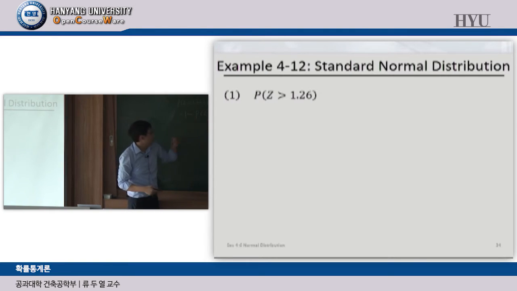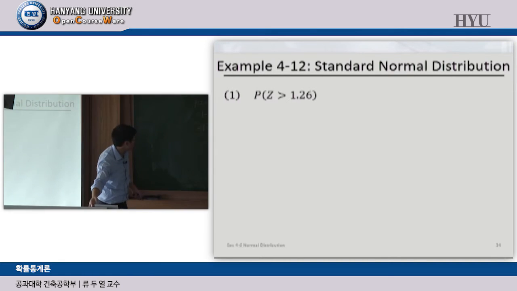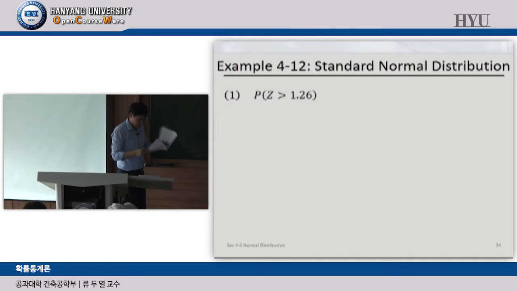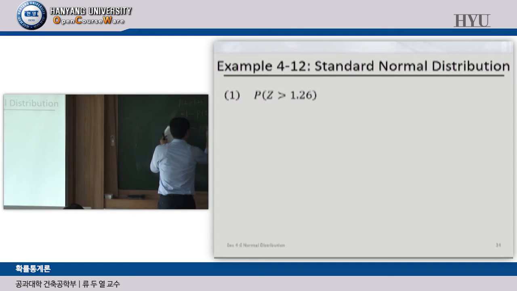So this will be 1 minus the probability of Z when Z is smaller than or equal to 1.26. Based on this table, there is 0.896165.